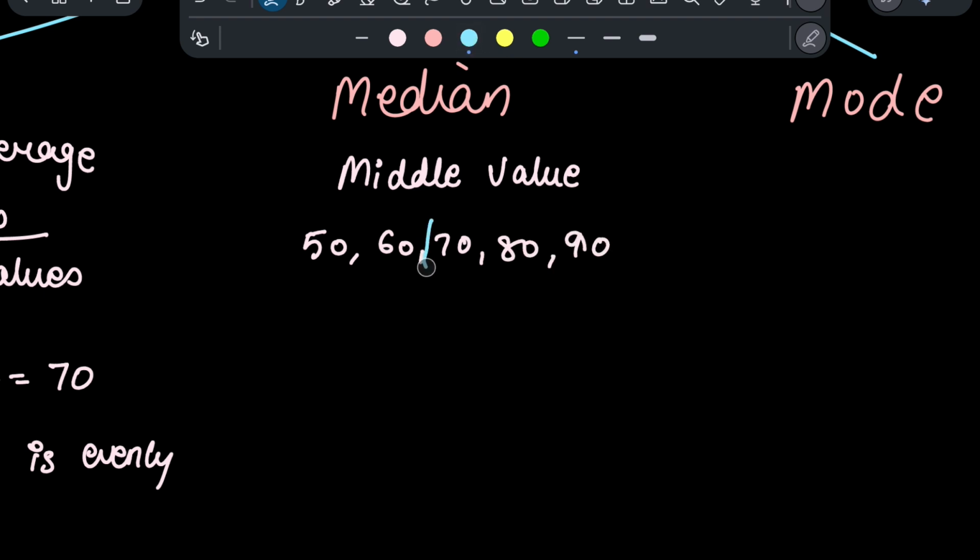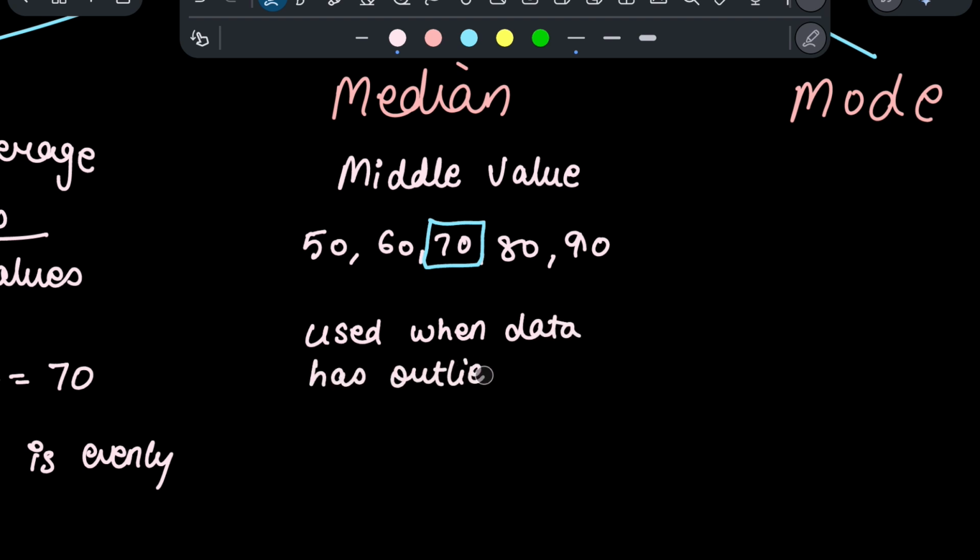Here our median would be 70, that is the middle value, and the median is used when the data has outliers or skewness.